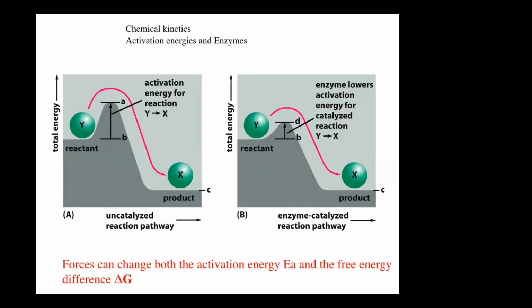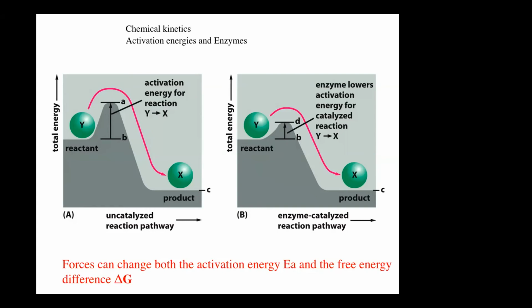But what's interesting is that there are ways to change that. There's no way to change the difference in energy between the reactant and the product because that's built into the structure of the molecules. There is a way to change the activation energy, and that's what's done by enzymes.